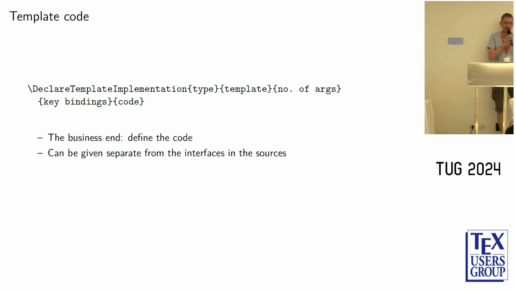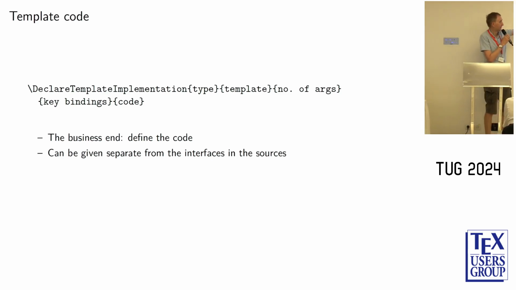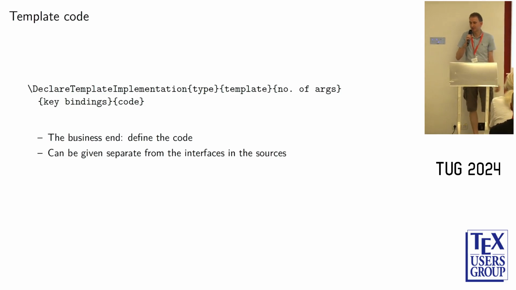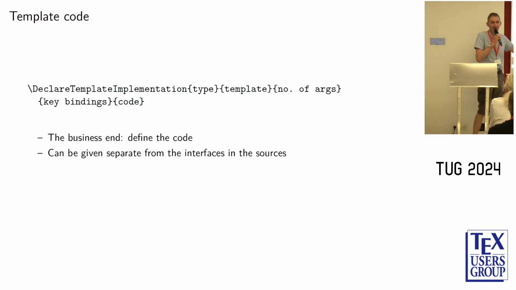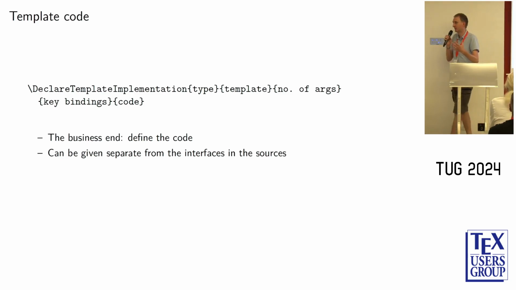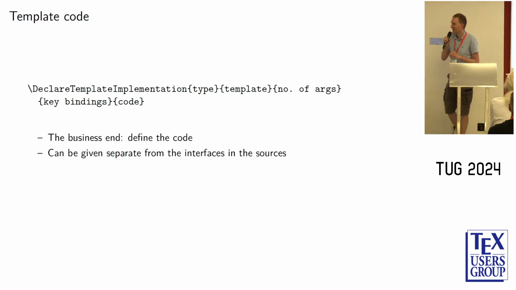This can be given separate from the interfaces in the source. So the idea here is, provided that our template type has already been defined somewhere when we actually run LaTeX, this doesn't have to be in the same place. So again, the idea being that you can split up how you create your templates so that the more user-readable bits are in one place and the bits that are maybe a little bit more scary are in another.